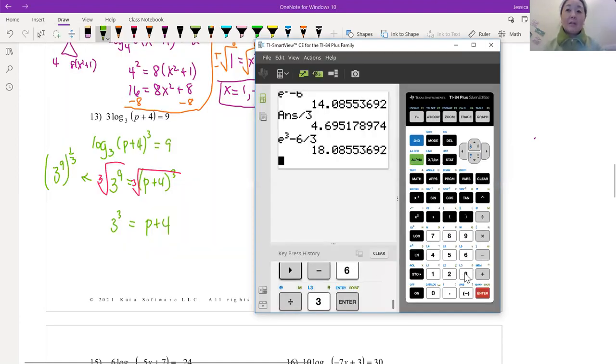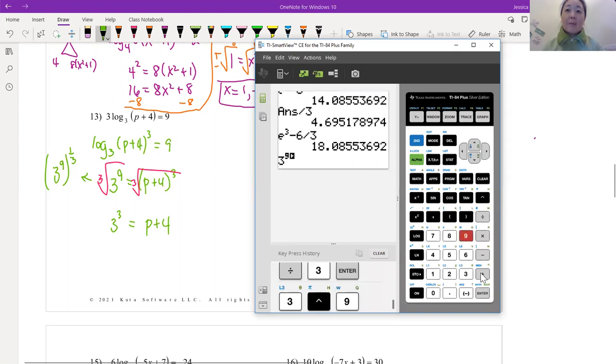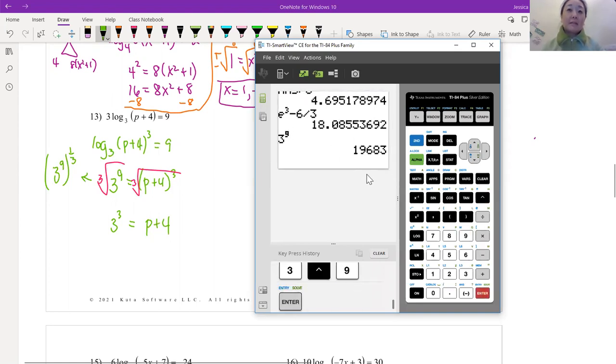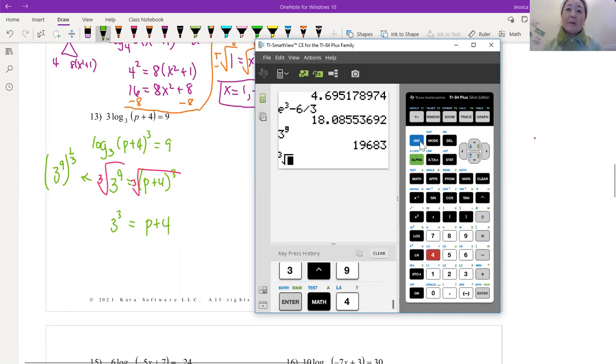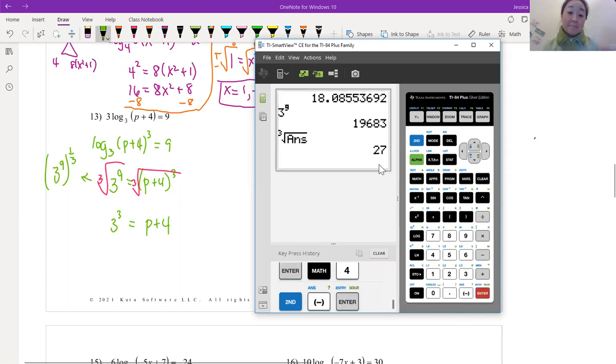This is going to be 3 to the 9th power, 19,683. And now we're going to cube root it. Remember the cube root is the 4th one right there. So there's the answer, 27, like I said.